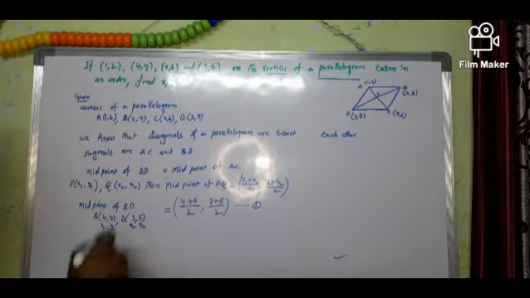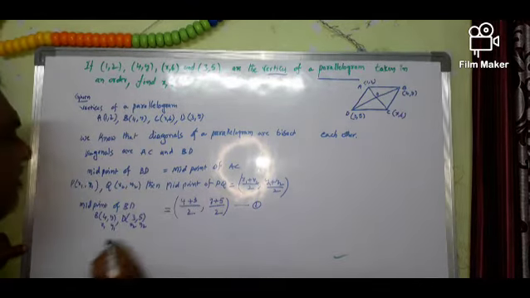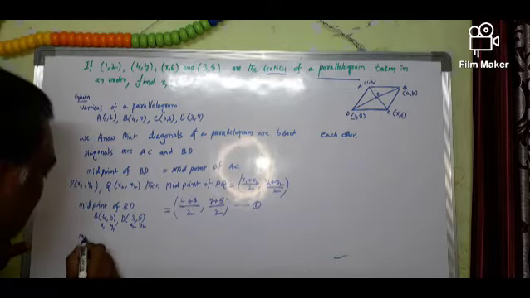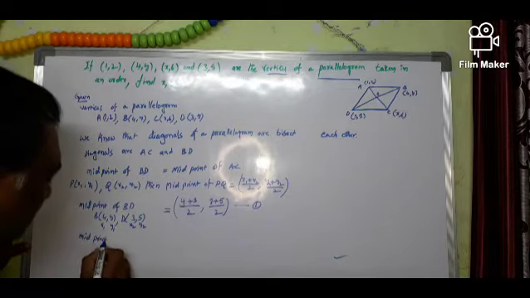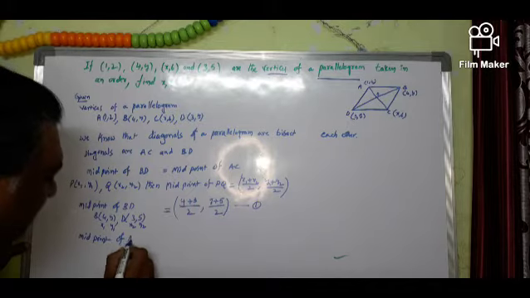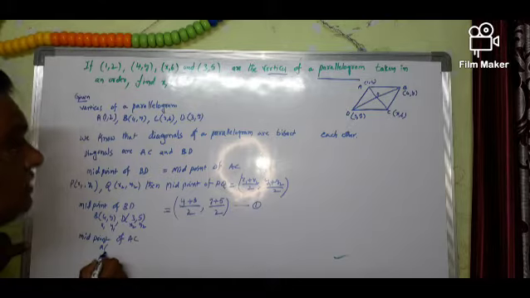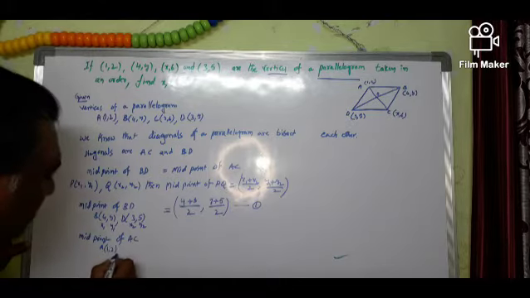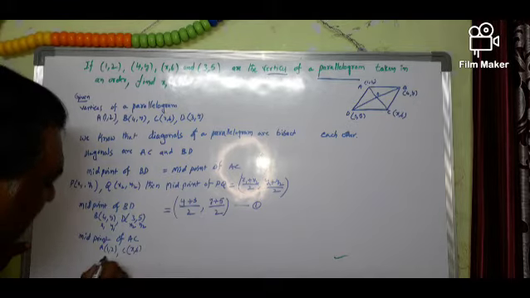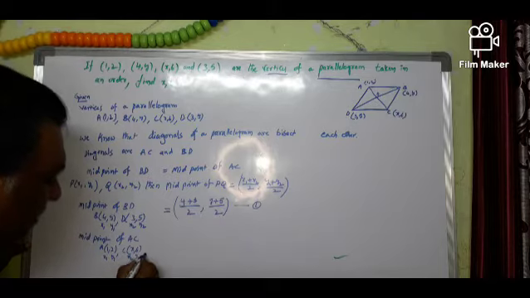Now find the midpoint of AC. A is (1, 2) and C is (x, 6). Write x1, y1, x2, y2.